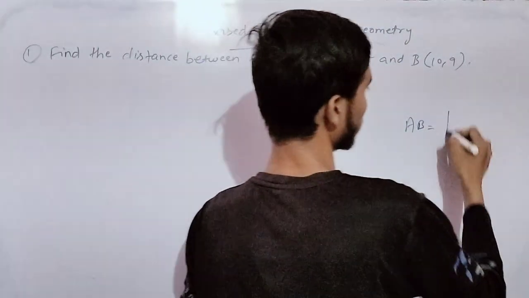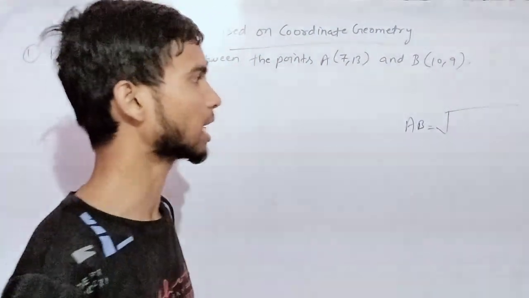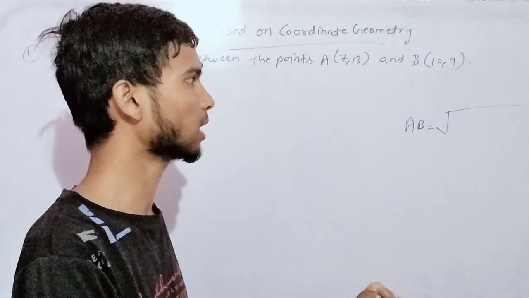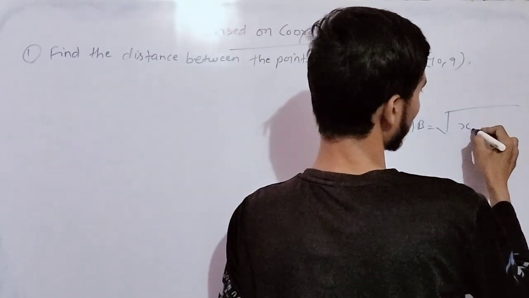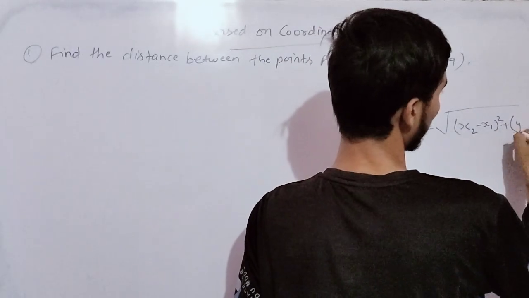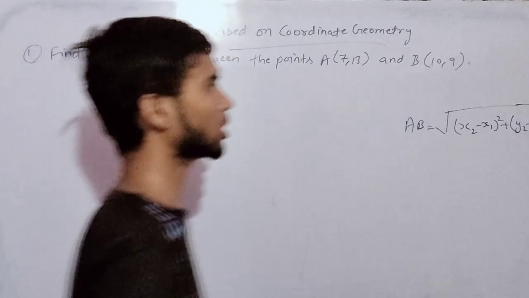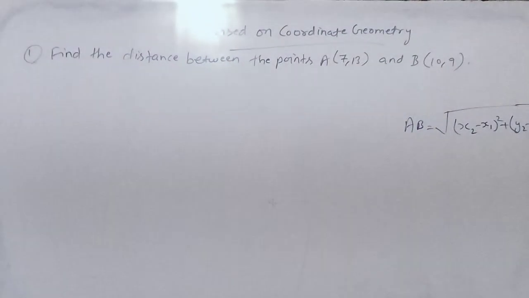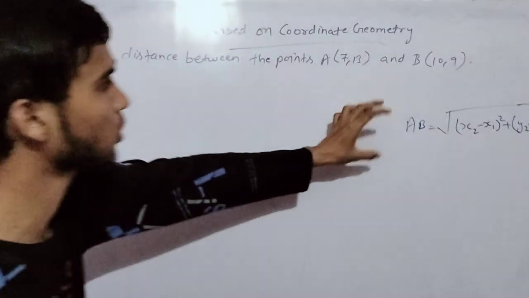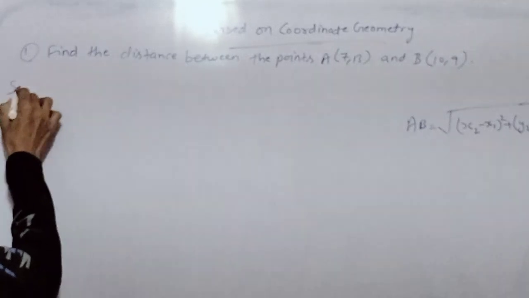It is just the Pythagoras theorem, but we have coordinates, that's why it is slightly different: the square root of (x2 minus x1) square plus (y2 minus y1) square. This is the formula for finding the distance between two coordinates. Clear? Just use this formula in this question.